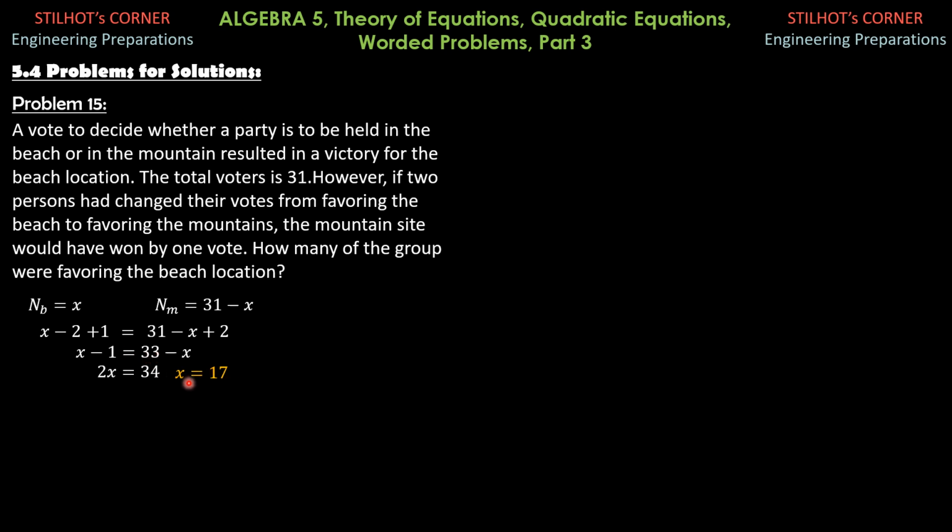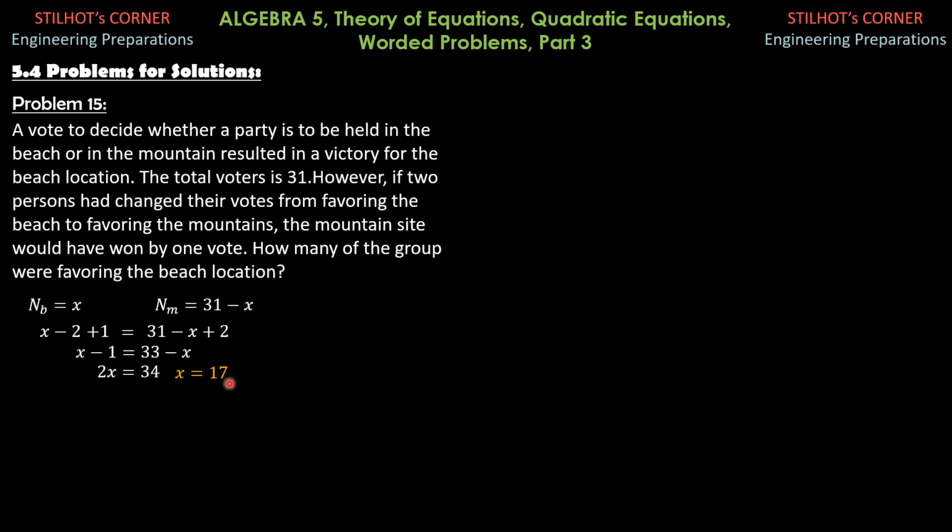Having found x is 17, then the number of voters for the mountainside is 14. 31 minus 17 is 14. But anyway, that's just for verifying.